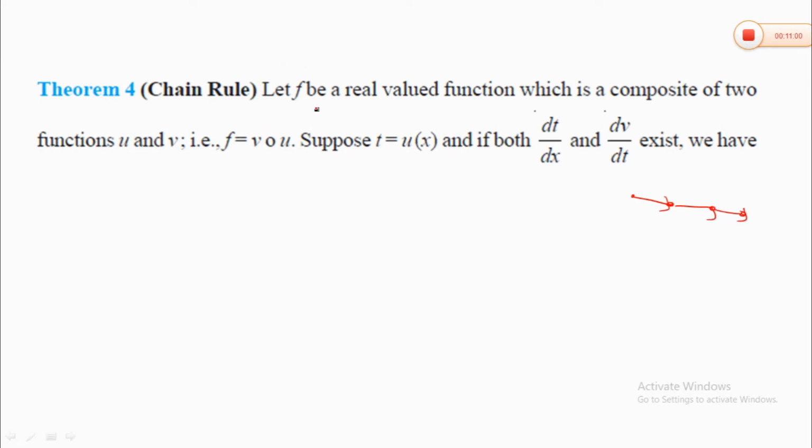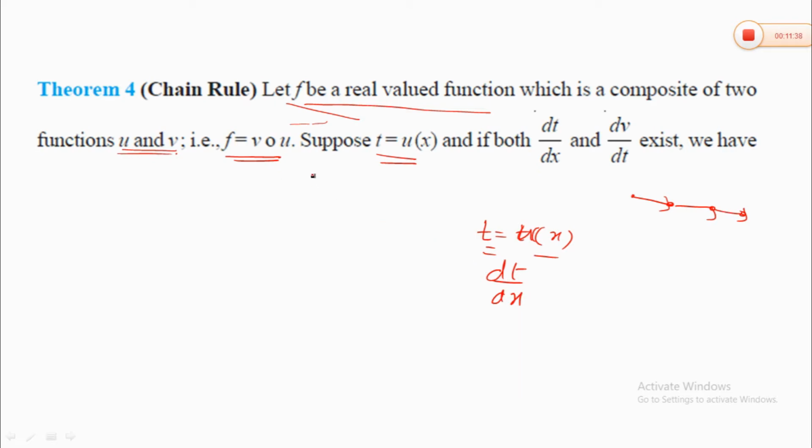Here, let f be a real valued function which is a composition of two functions u and v, given by f equal to v of u. Substitute t equal to u of x. Therefore, the derivative of t with respect to x is dt by dx.